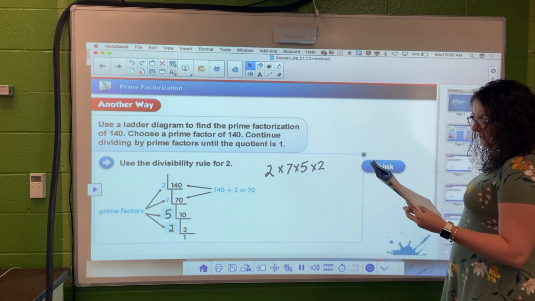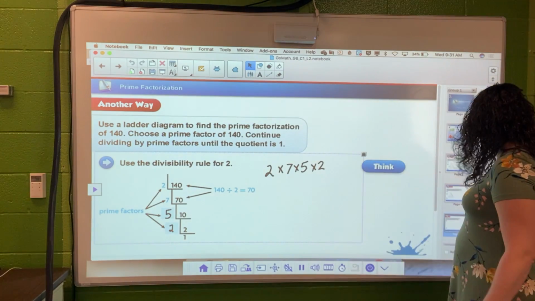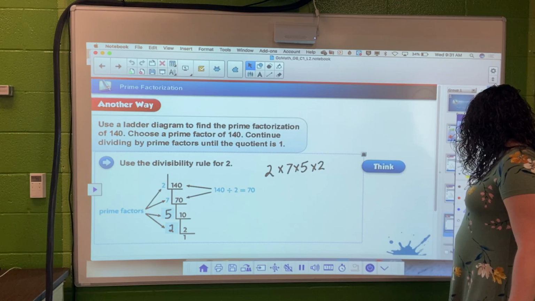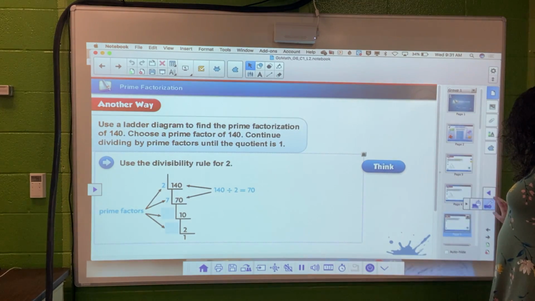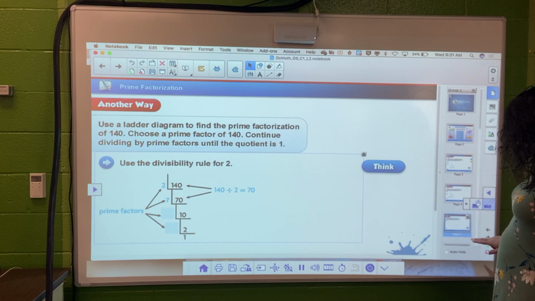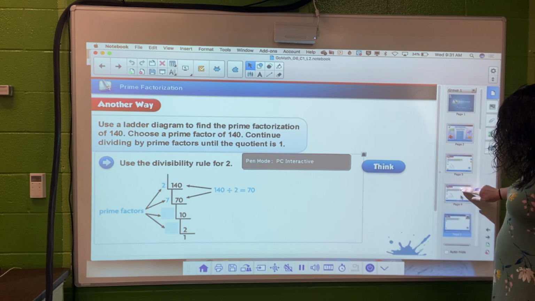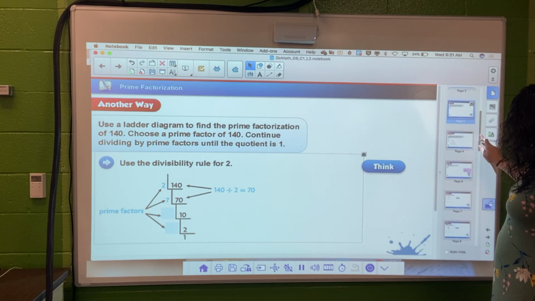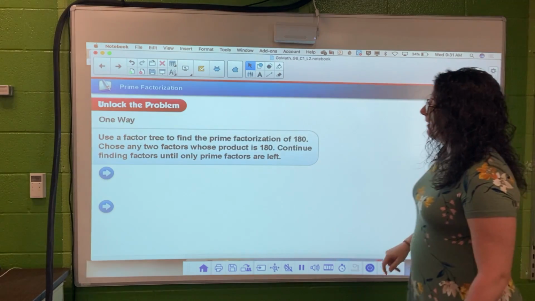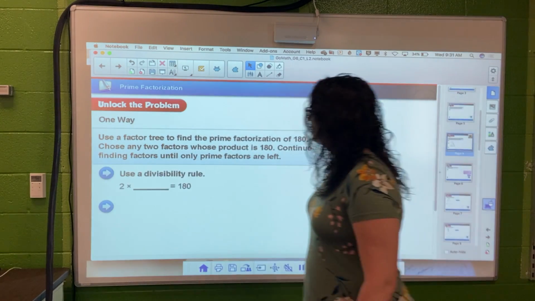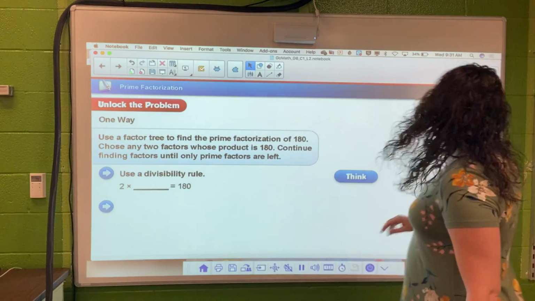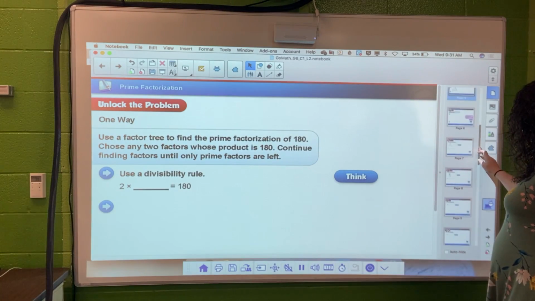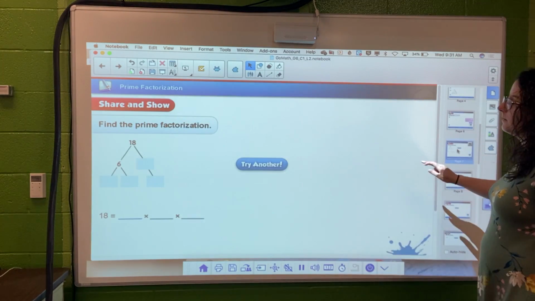We're going to actually go to number 1 on page 12. And it wants us to use a factor tree to find the prime factorization of, not 180, 18.